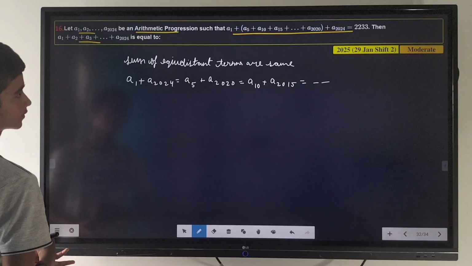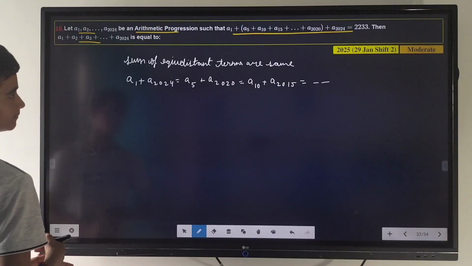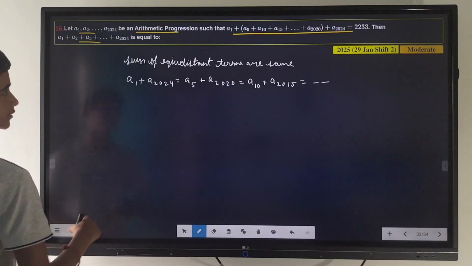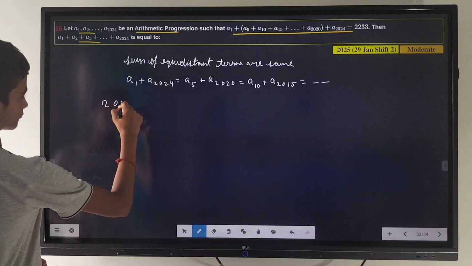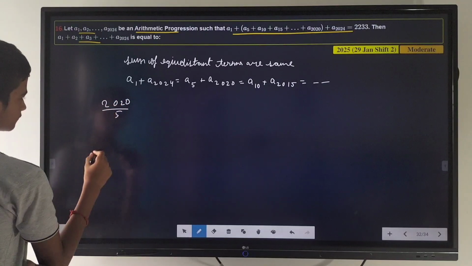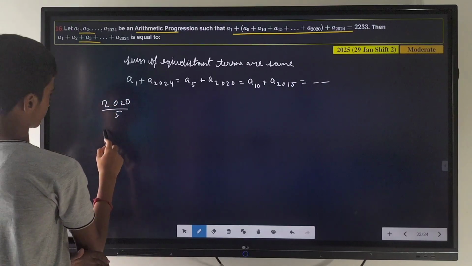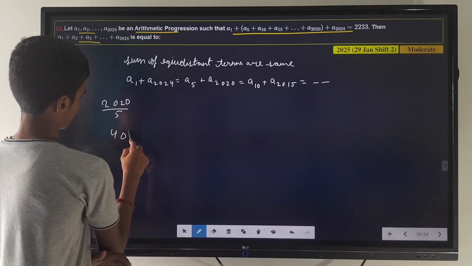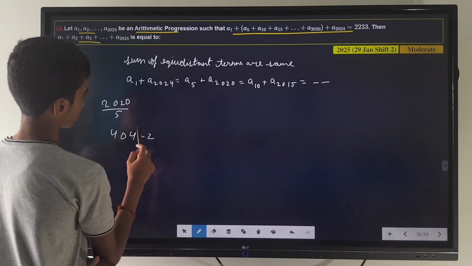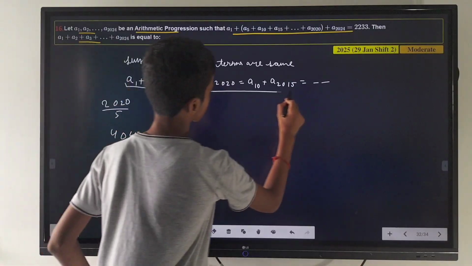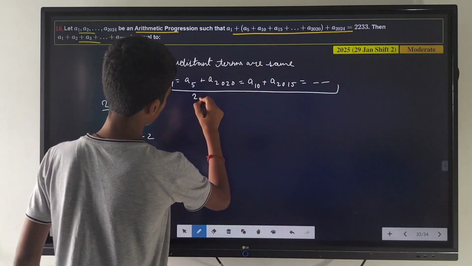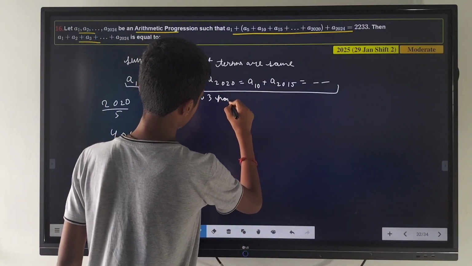So from here our total pairs will be 2020 upon 5, which will be 404, plus 2. So total pairs will be 203 pairs.